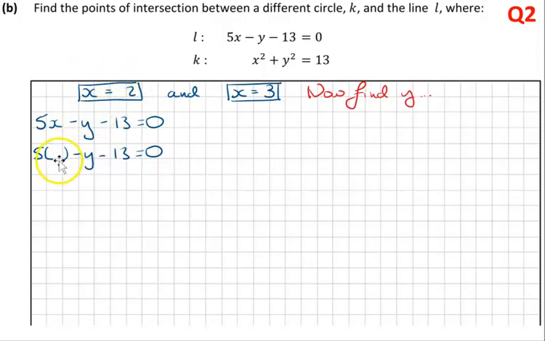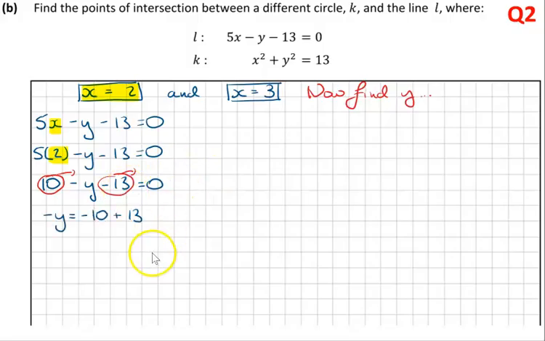And into the brackets, I'm going to put 2. 5 times 2 is 10. Bring down the minus y, the minus 13, the equals and 0. Now I'm trying to find the points of intersection, so I have to solve for y, get y on its own. So I'm going to bring the 10 and the minus 13 over the equal sign. So I'll have minus y equals minus 10 plus 13.